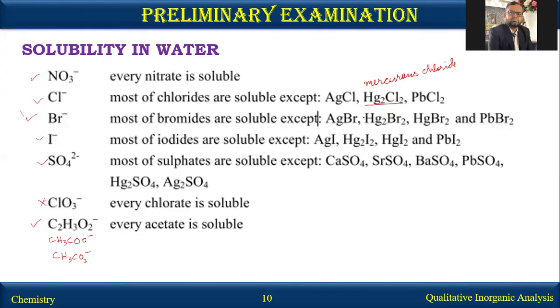Mercury compounds are usually not given in our syllabus, so don't think about this. But remember for your viva voce. And similarly, if sulfates are there and the compound is insoluble, then these could be there. So for insoluble compounds, these are the possibilities.